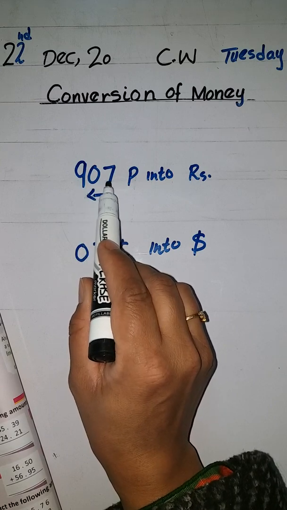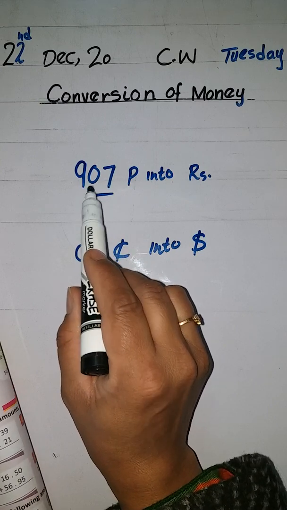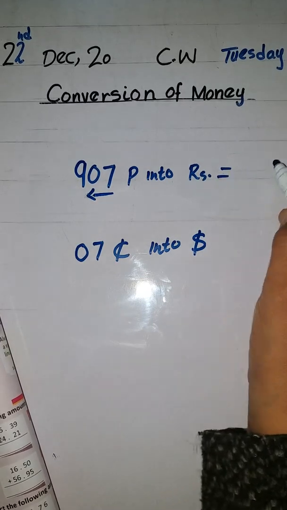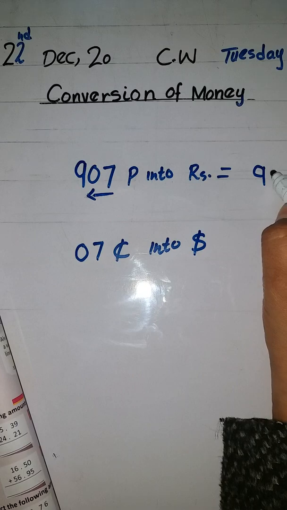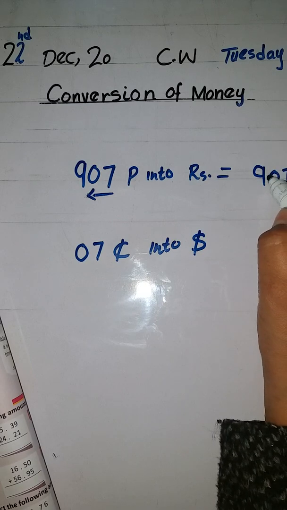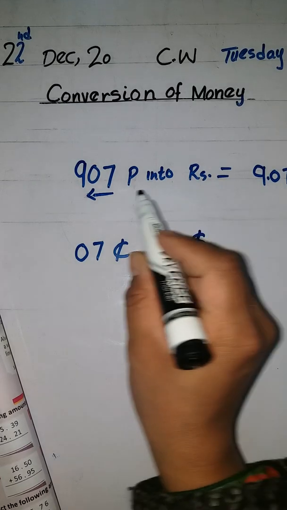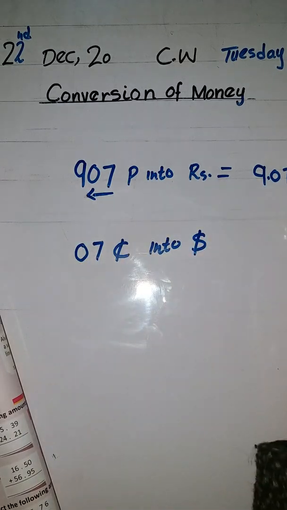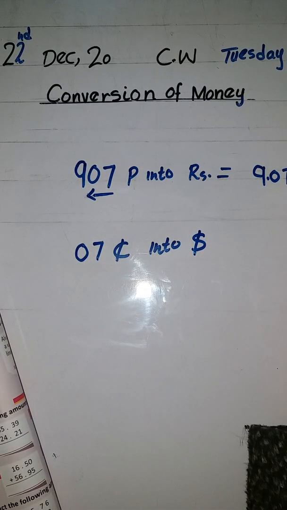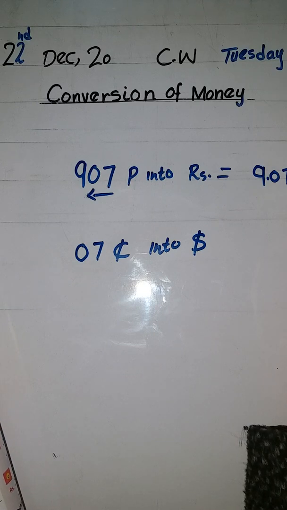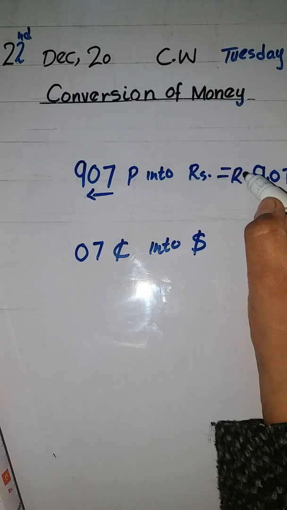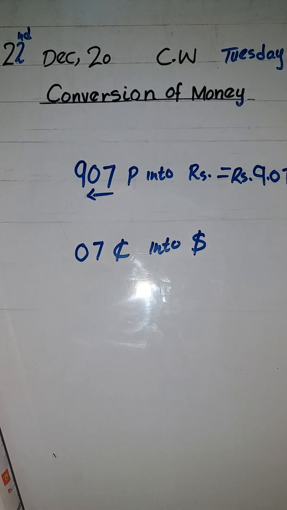So 07, then we will put the point. It is 907, we will put the point after counting 2 digits, place the point and write Rs at the start. It means 9 rupees and 7 paisas.